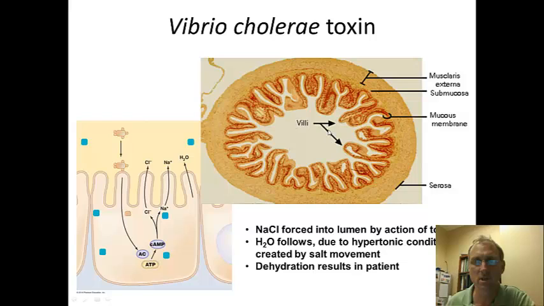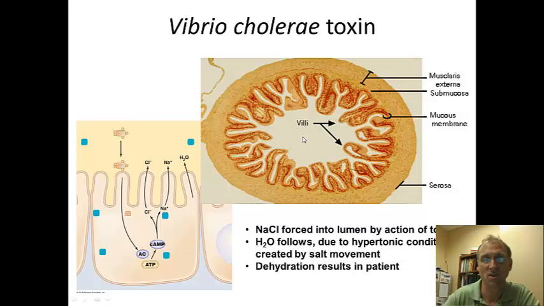This will create a hypertonic environment in the inside of the intestine relative to the cells that line the intestine. Well, what's going to happen when we're in a hypertonic environment? Water is also going to begin to move through the process of osmosis from these cells into the intestinal wall. So first, the toxin causes salt to accumulate in here, and then the water follows.